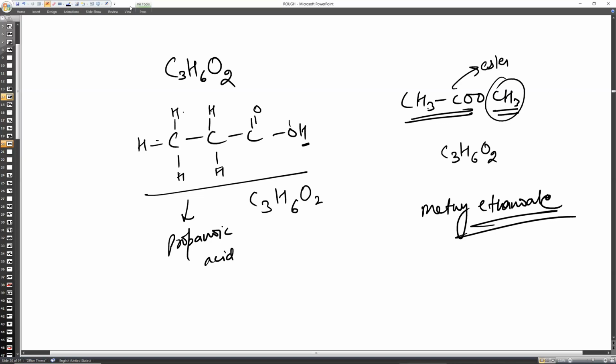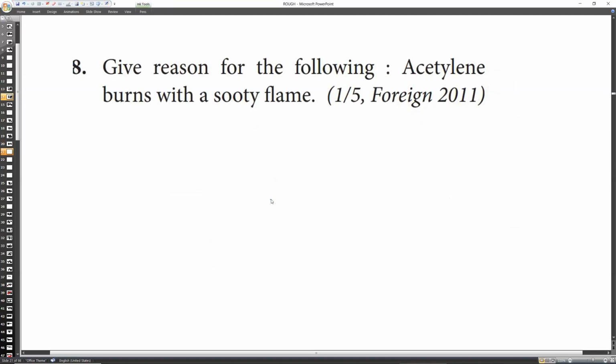It is asking to give reason for the following. Acetylene burns with sooty flame. This is a very simple question that comes in your examination, and you all are familiar with this one. Acetylene is a gas which is known as ethine, with 2 carbon, so C2H2.